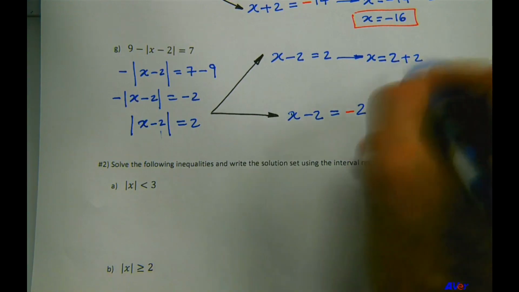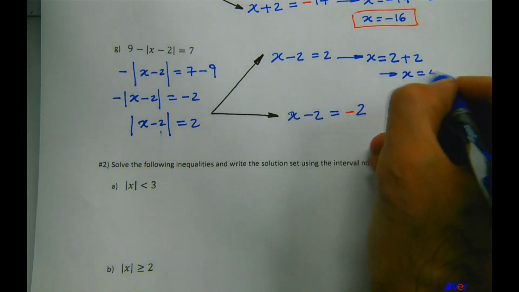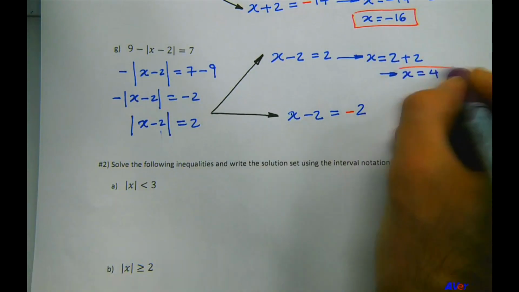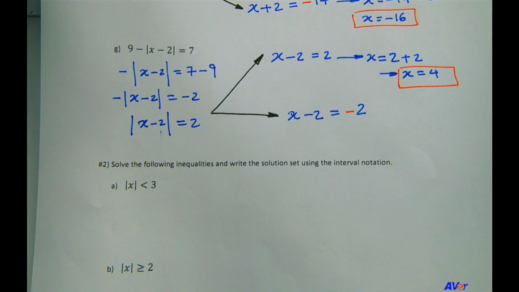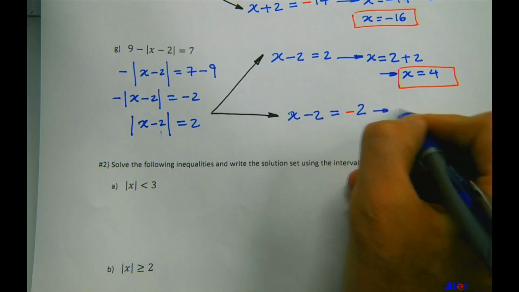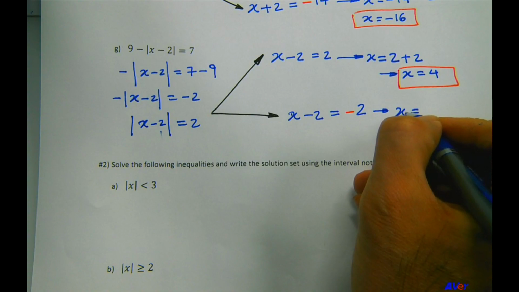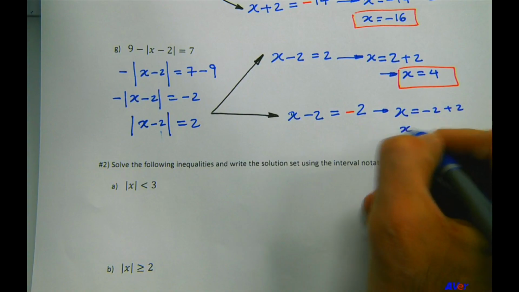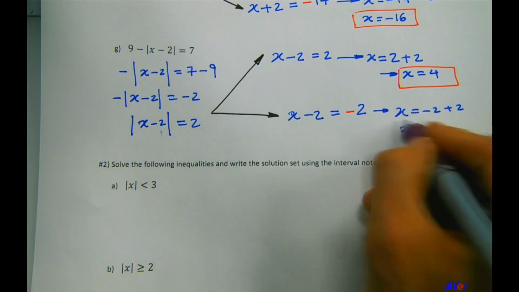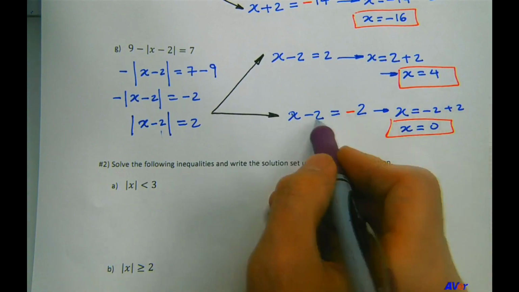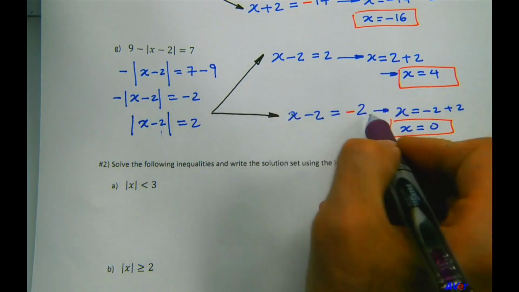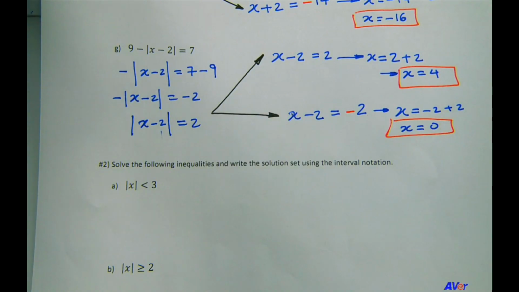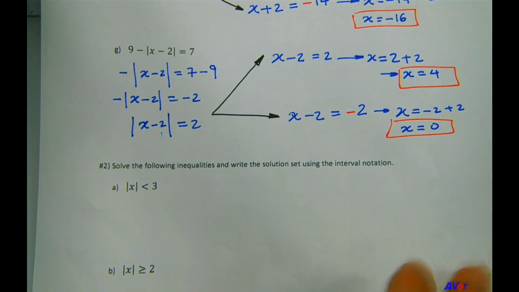So from here, we see that x equals 4. And from here, we can see that x equals minus 2 plus 2, or x equals 0. Again, that positive 2 is this negative 2, which we move to the other side and it becomes positive. Okay? All right. I hope this is going well and everything is agreeing with your own solutions.